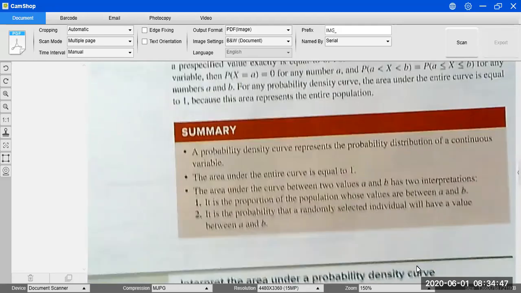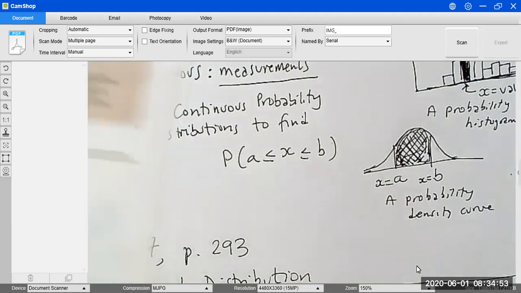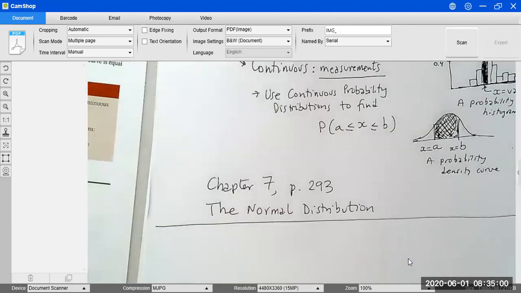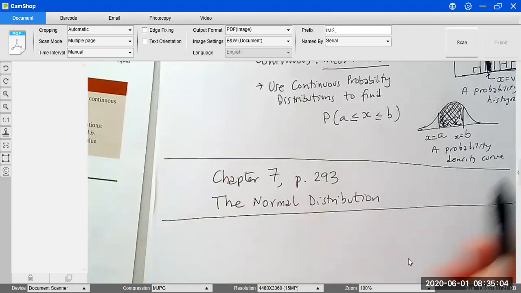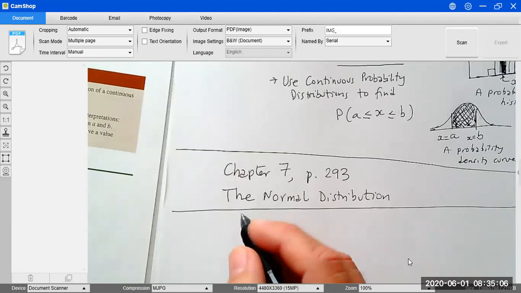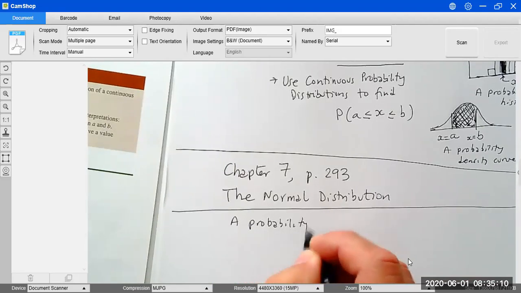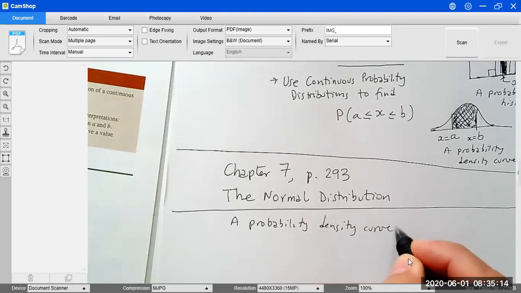We're going to solve some problems dealing with those properties, but before, I'm going to write the summary here. This is good for our notes, because we're going to apply these things a lot of times. So we have a probability density curve.